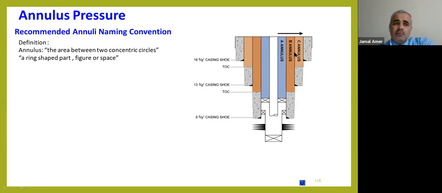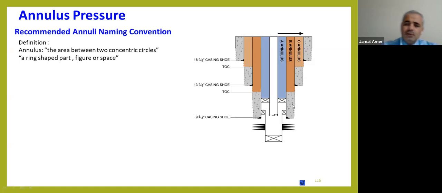Monitoring the pressure in these annuli is very important, because it gives us an indication of the status of the well, either from the wellhead or the downhole situation of the well.